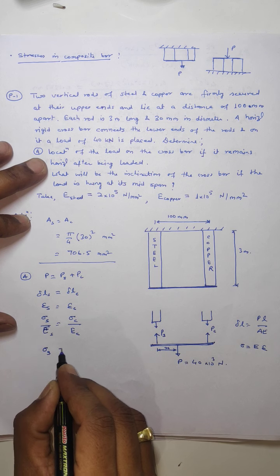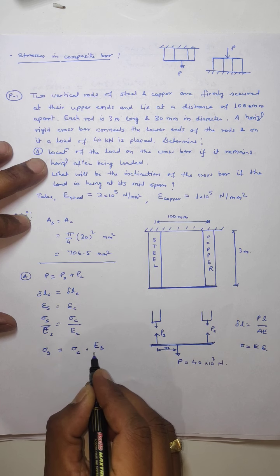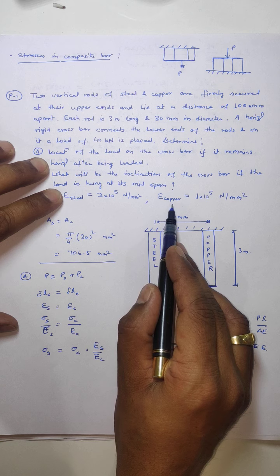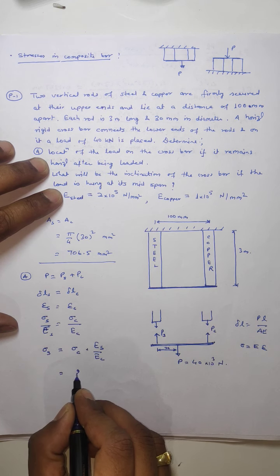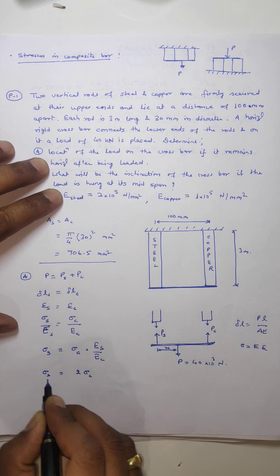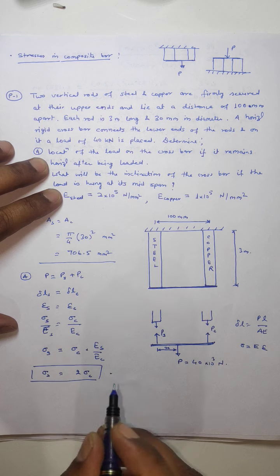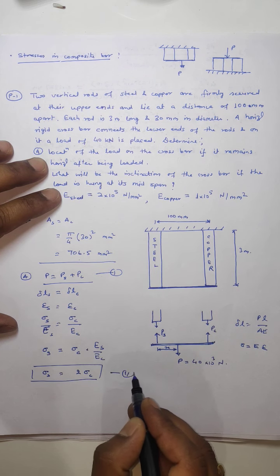Sigma S is equal to sigma C into ES by EC. ES by EC comes out to be 2, means it will be twice of sigma C. Sigma steel is equal to twice of sigma copper. This is the first thing. Another is this one and second.